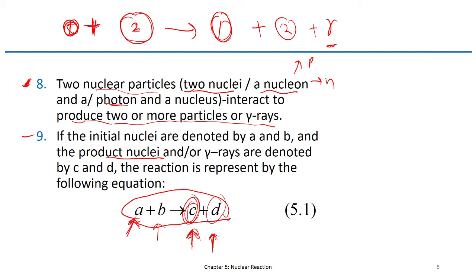So two nuclei A and B interact, giving nucleus C plus gamma ray D. That is the meaning of equation 5.1.